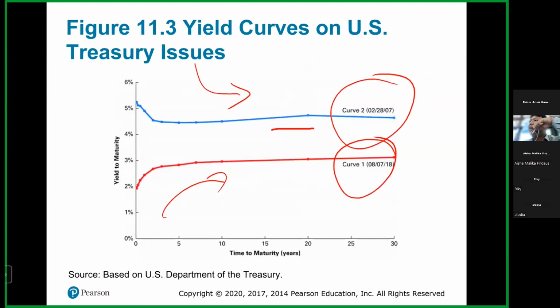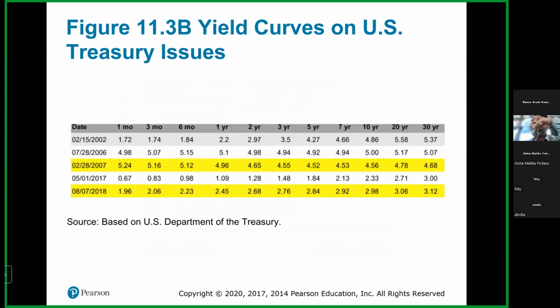So this is how it looks, and these two curves are coming from the data from this. For example, this is the date of maturity, and here we have the 30 years.